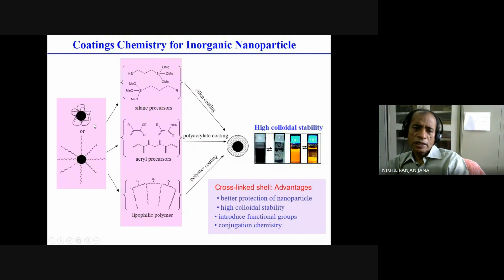So as-synthesized nanoparticles are converted into colloidal, this kind of core-shell type particles, porous or cross-linked shells, by silica coating, polymer coatings, kind of things. Once you make these particles, they are very low volume. You can precipitate them, redisperse them by varying the medium, by varying the conditions, by adding salt, removing salt.